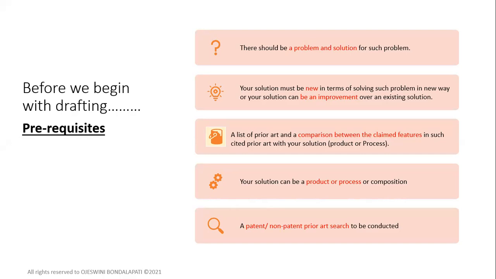We need to have a proper invention disclosure from the applicant or the inventor. In that invention disclosure, there should be a provision where he could clearly describe the problem and the solution. Here the solution includes the existing solutions and his solution.